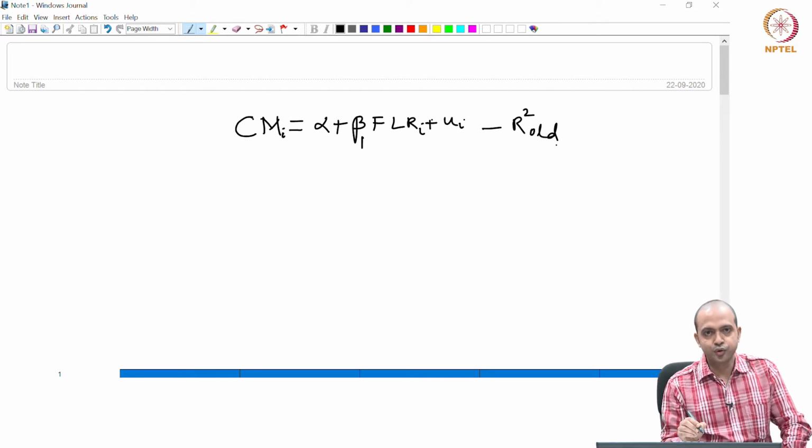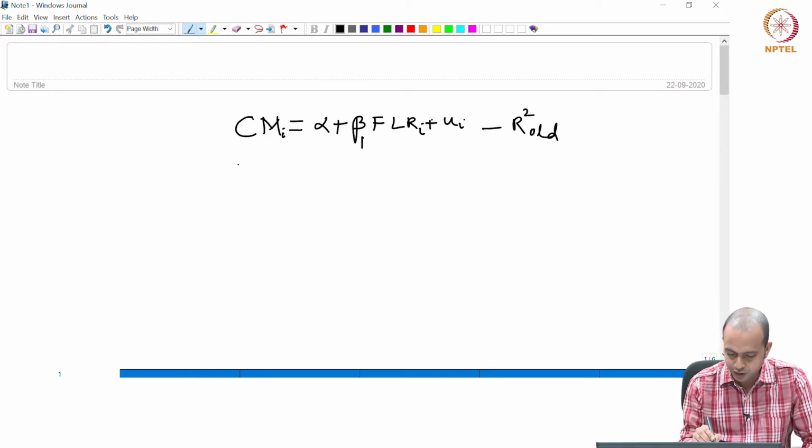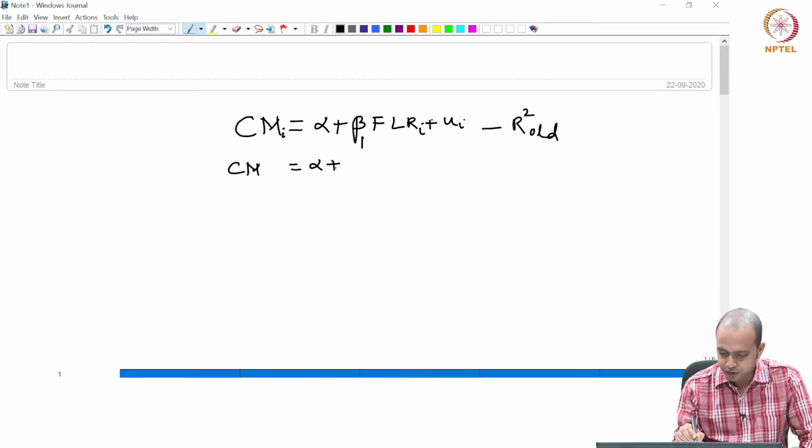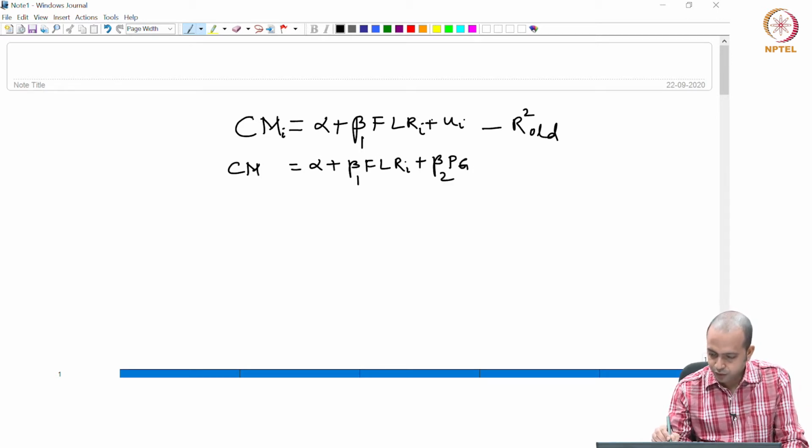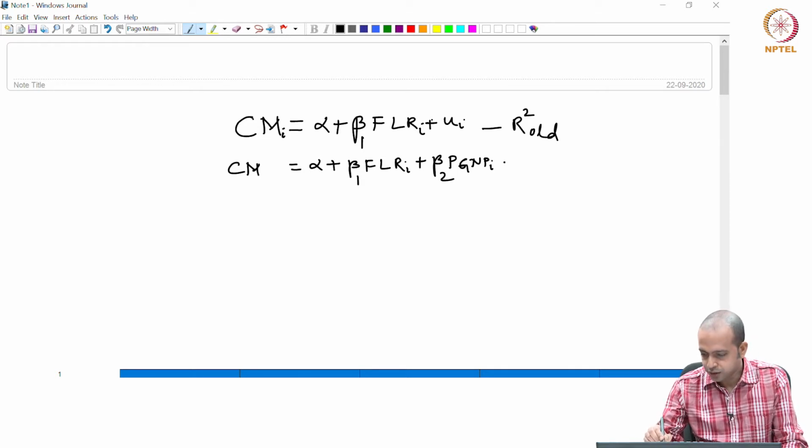Then when we add the PGNP variable, the model becomes CM equals alpha plus beta 1 FLR plus beta 2 PGNP, per capita GNP, plus UI, and if you estimate this model, you will get another R square, which is, let us say, R square new.